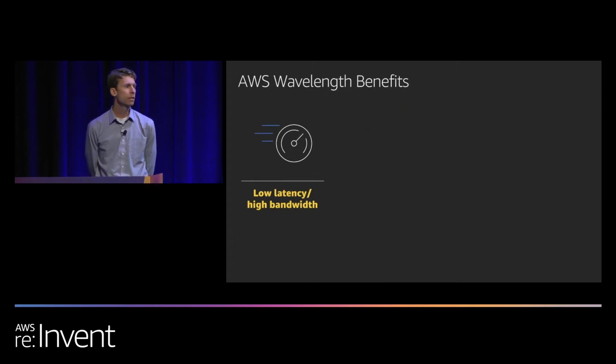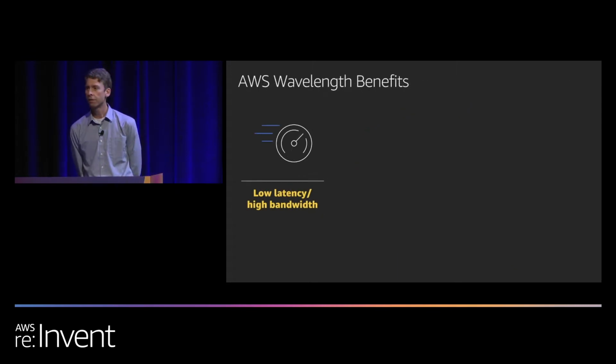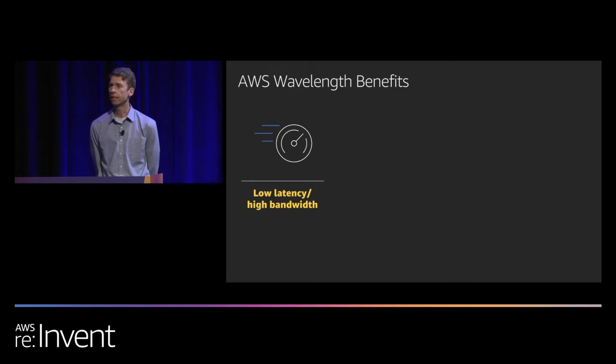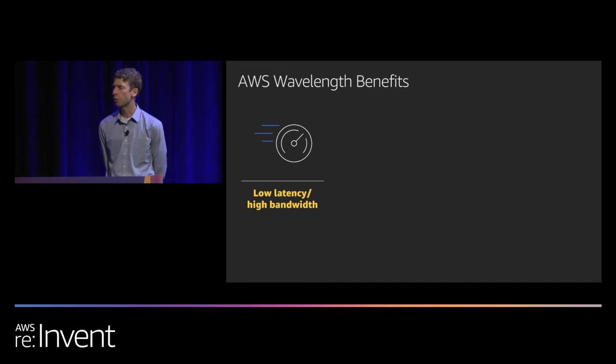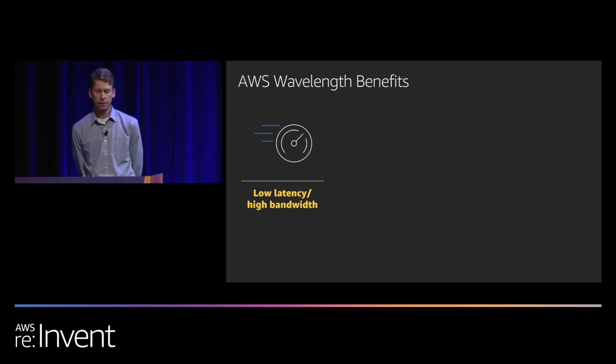Wavelength brings AWS services to the edge of the 5G network, minimizing that latency, minimizing those hops that you have to go through to get to the compute that's running your application. So application traffic can go from those mobile devices directly to the application servers without ever leaving the mobile network. This prevents the latency that you'd otherwise have and enables customers to take full advantage of the advancements of 5G.